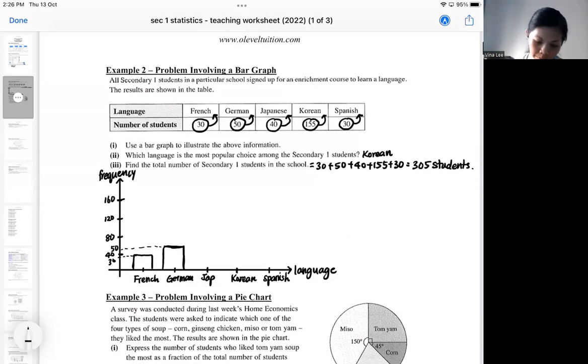Then 40, I have exactly 40 for the Japanese. Korean, I have 155. 155 should be close to 160. Then Spanish, I have 30 again.